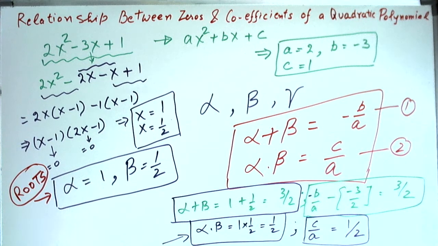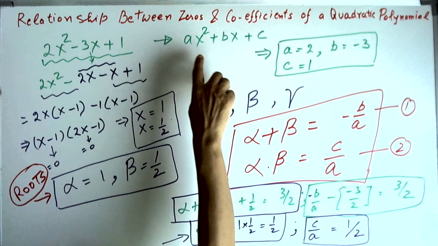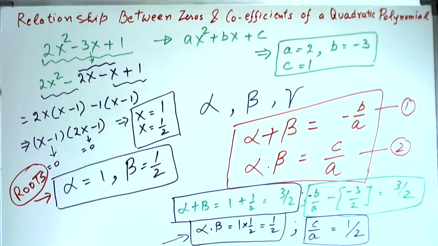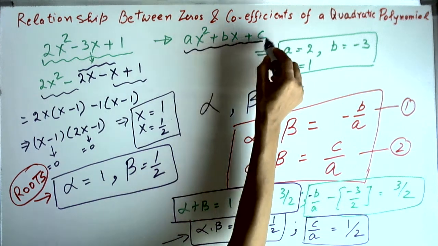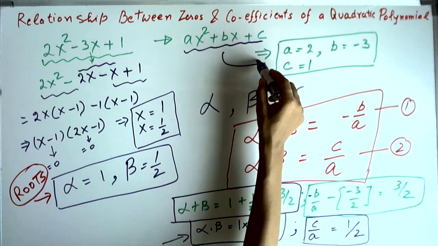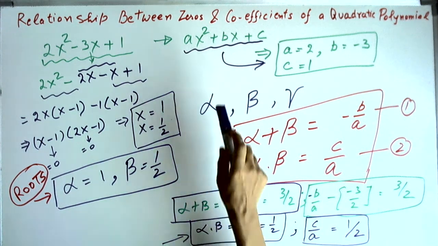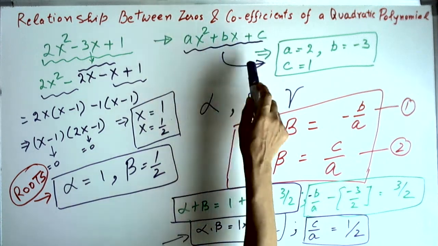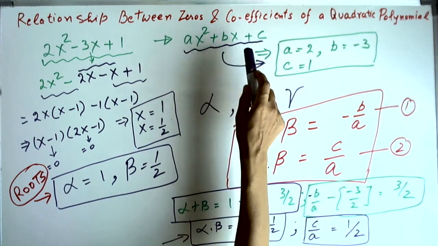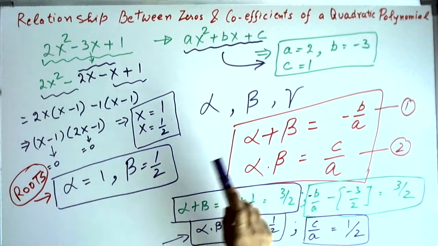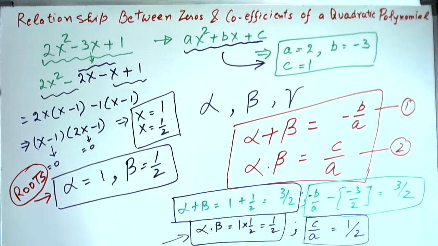The coefficients are given by equating the polynomial to ax² + bx + c. And remember, we should take the coefficient with sign. If there is any negative value, then the value of that coefficient will be negative.